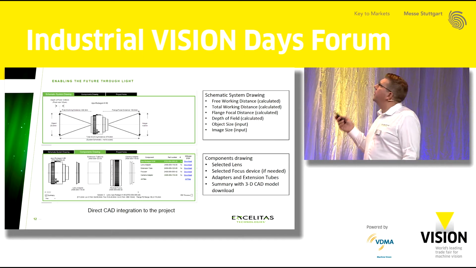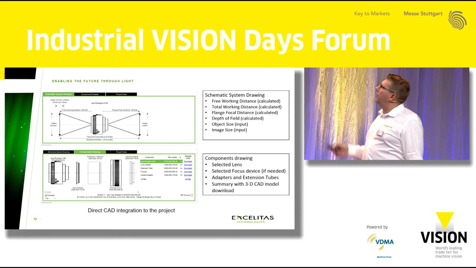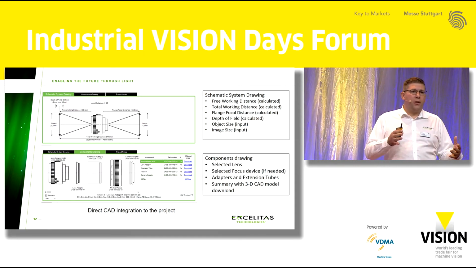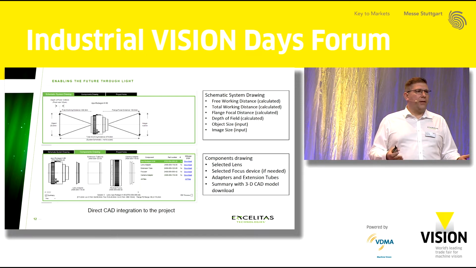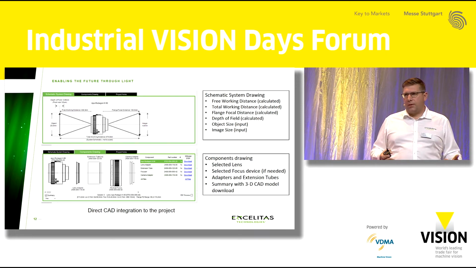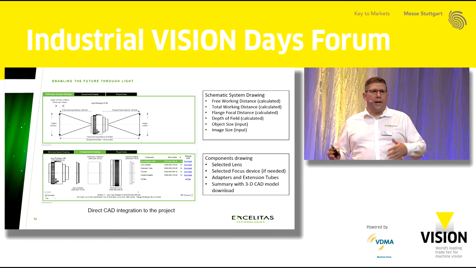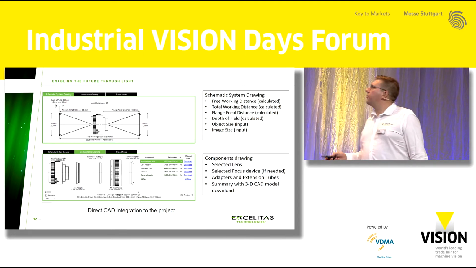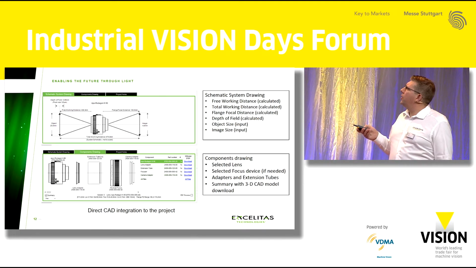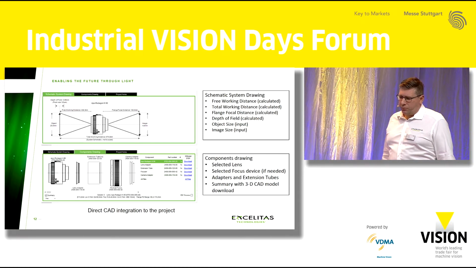Also, we provide the components drawing. Then you see, because to fit the lens to your camera, you need mechanical accessories. Our lenses are based on a flexible mount system. That means we have not only F-mount lenses or C-mount lenses, we have flexible lenses and a flexible system. Therefore, it provides a lens adapter, an extension tube if needed, the focus module, and the camera adapter.